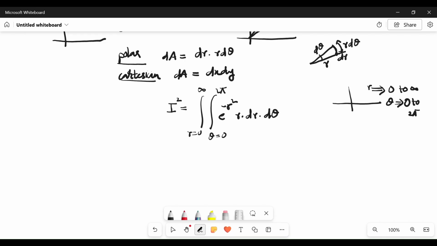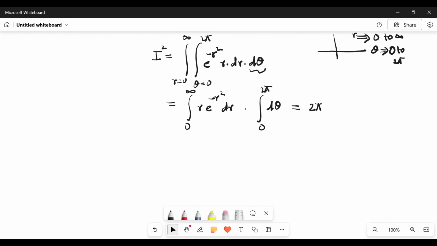And you can see that d theta is a separate quantity here, so we can just do the integration separately for these two. Basically, this will become r e raised to minus r square dr and d theta, this from 0 to infinity and this from 0 to 2 pi. Now this integration will give you 2 pi. And what about this?